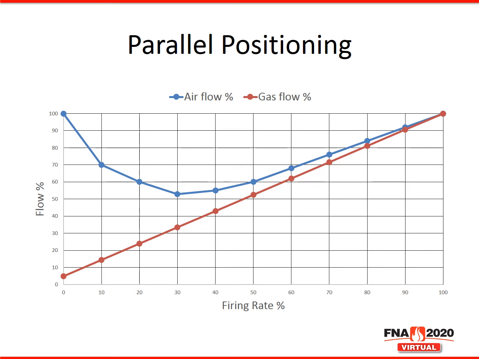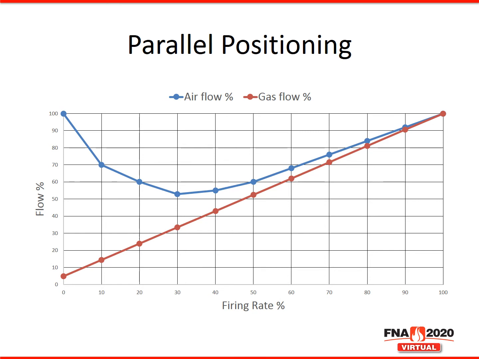Since we're able to set the actuator based off of the firing rate, we can customize the air and gas flow to the burner. In this case, we're trying to burn efficiently at high firing rates by keeping the blue air curve close to the red fuel curve.